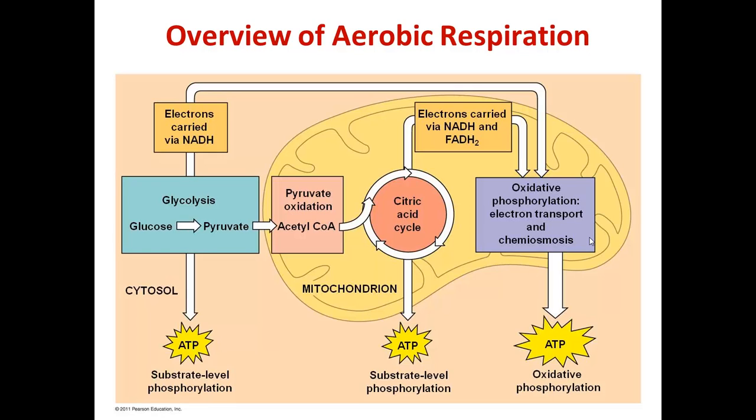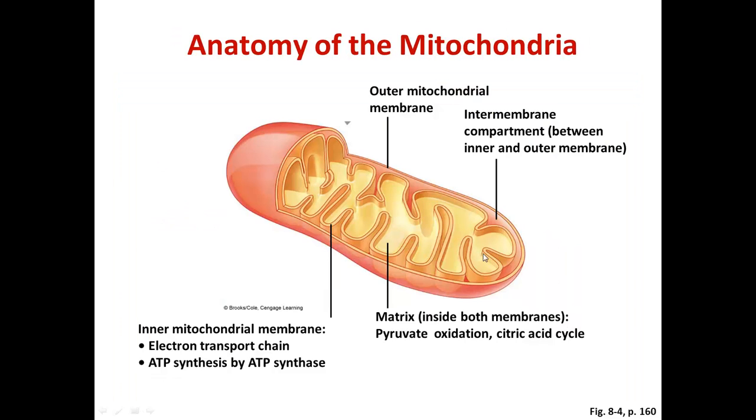You'll notice that these processes take place at different parts of the mitochondria. Glycolysis actually takes place outside of the mitochondria, while oxidative phosphorylation and the citric acid cycle take place within the mitochondria.